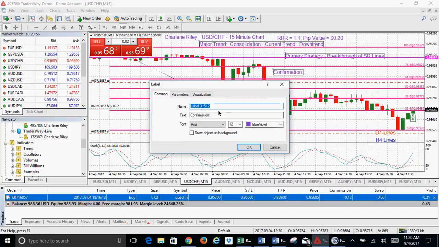And then I used for my confirmation the stochastic above, stochastic at 66 and rising.